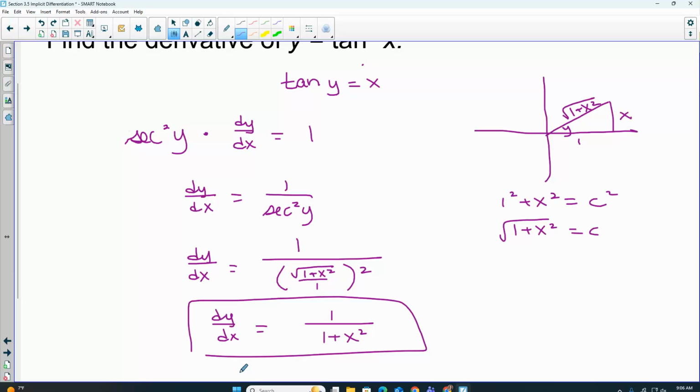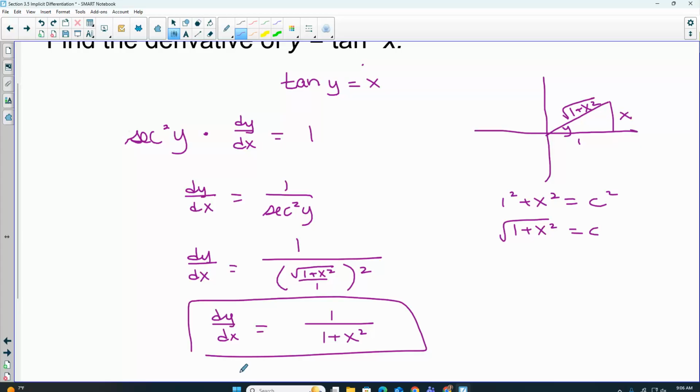That is the derivative of tangent inverse. If you check that table, that's equivalent. So we just proved the derivatives for sine and tangent inverse. Does this make sense? Do you understand where that's coming from?